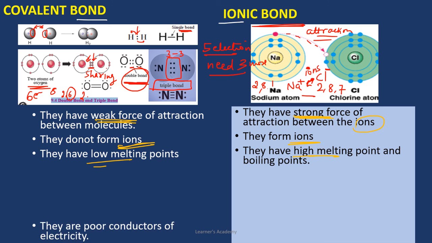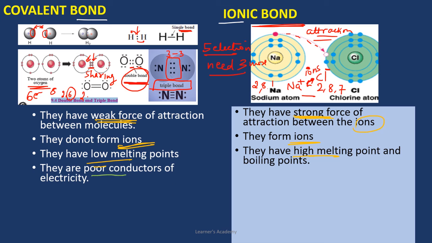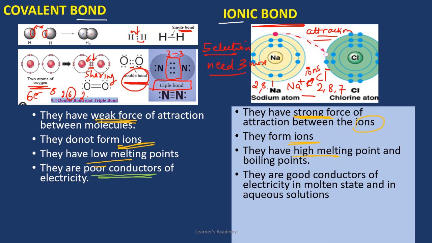Now, in the case of covalent bonds, they are poor conductors of electricity, whereas ionic bonds are very, very good conductors of electricity in the molten state and in aqueous solution also.